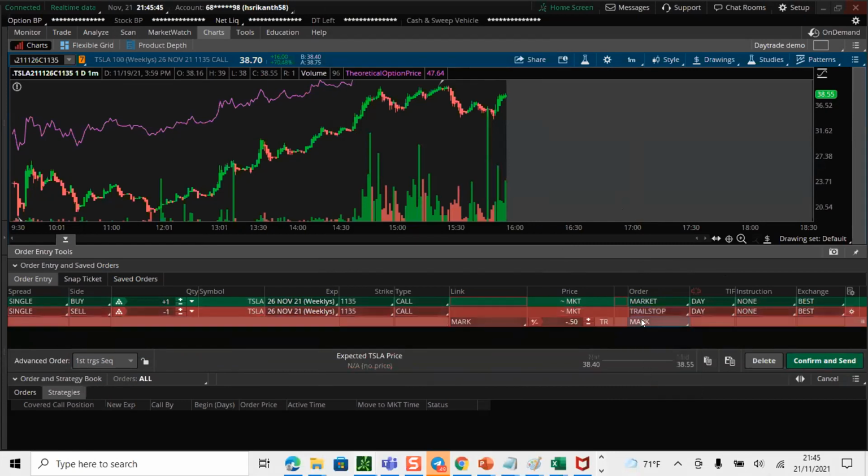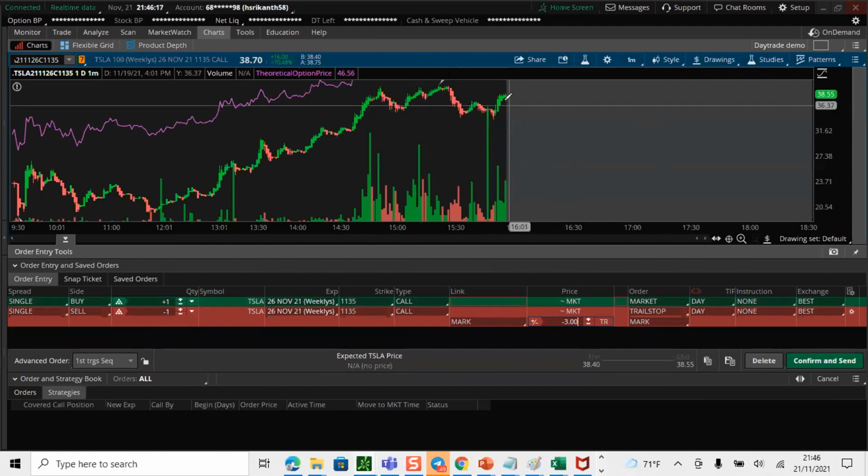I'll change it to market right now, and I want to keep a trailing stop right here, where I'm okay to lose $300. Let's say you buy it at 38.75, and if the option premium goes down by $3, usually $3 means $300.